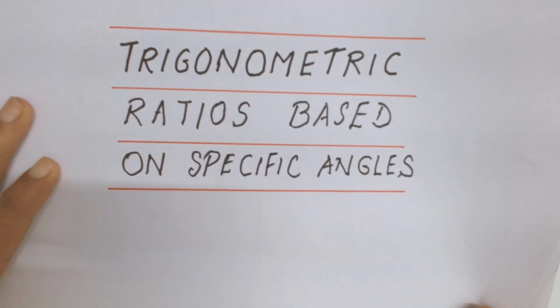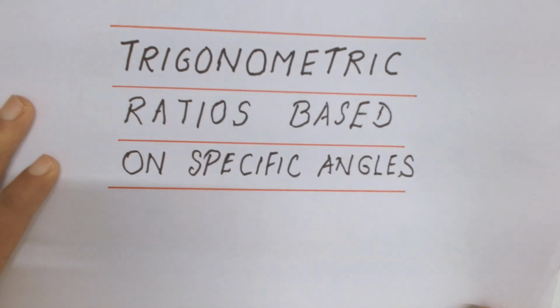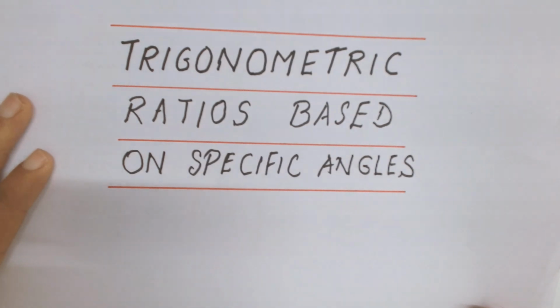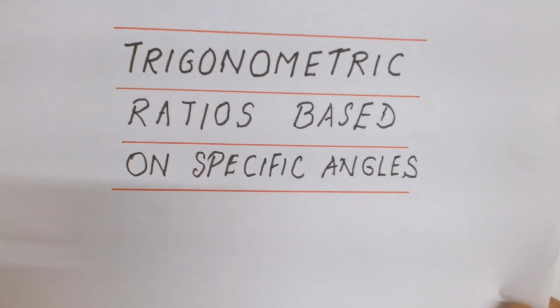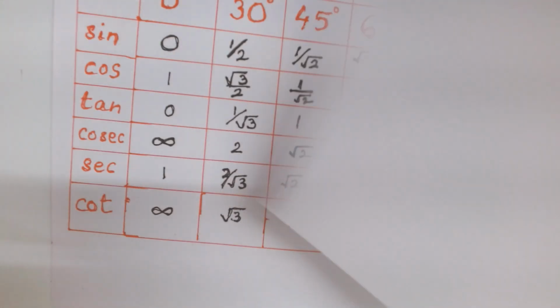For these 5 angle measures, we're going to look at the values of sine, cos, tan, cosec, sec and cot. So basically you would look at a table format where you have on one side the ratios mentioned, that is sine, cos, tan, etc., and on the other side you have the angle measures 0, 30, 45, 60 and 90.